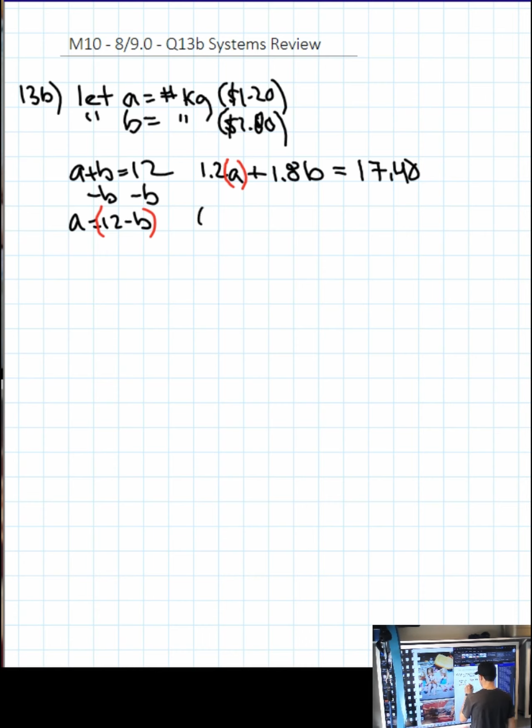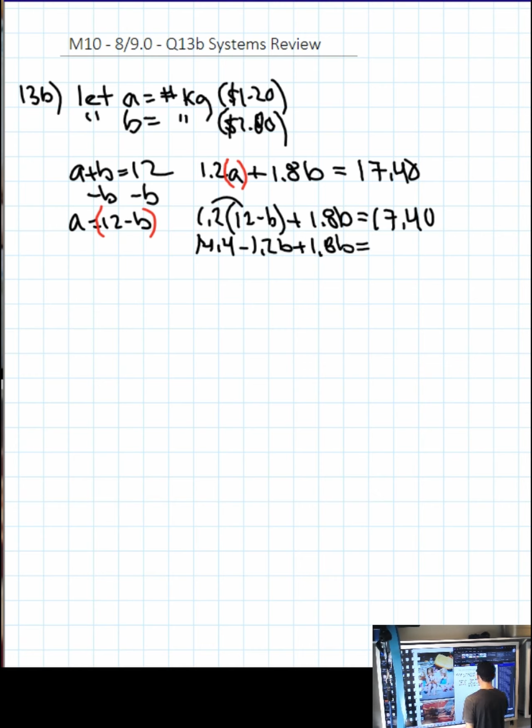Substitute, so we'll have 1.2 open bracket 12 minus B plus 1.8B equals 17.40. So if we distribute, 1.2 times 12 will be 14.4 minus 1.2B plus 1.8B equals 17.40.